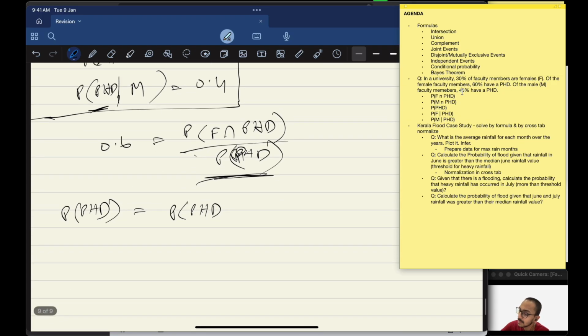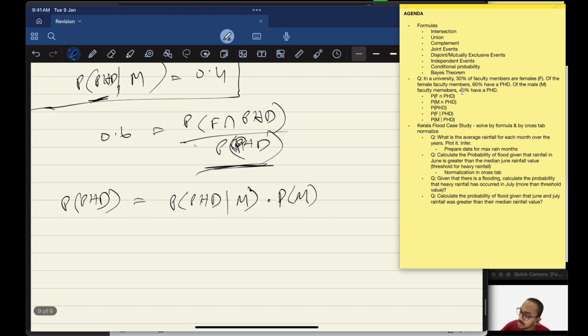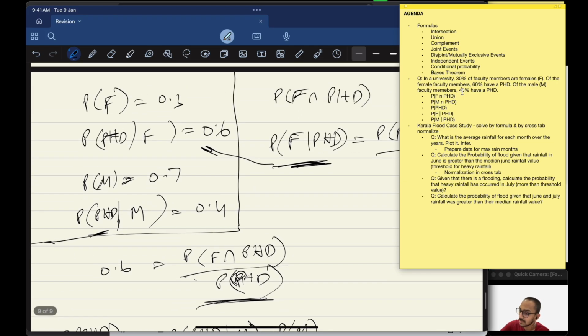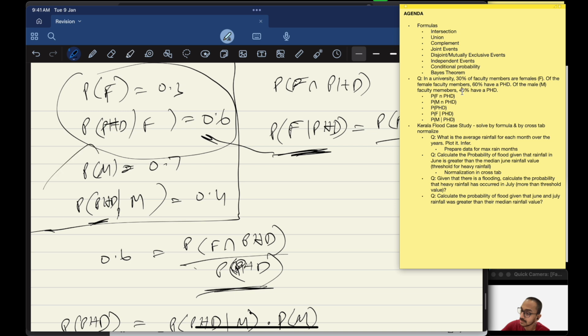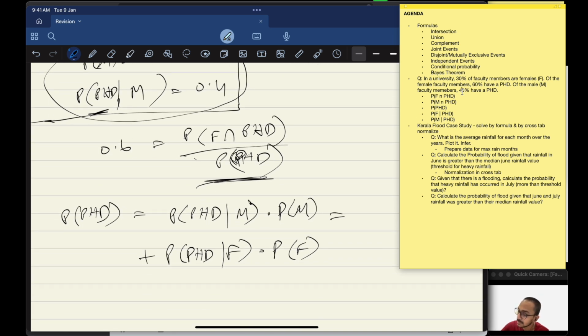So P of PhD given male times P of male, then plus P of PhD given female times P of female. So we know these values already. We have all the values here, right? This and this. So we simply have to calculate the value.